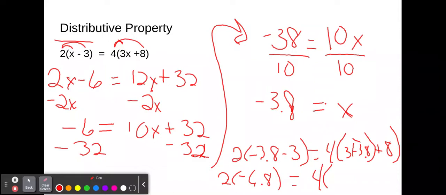So the 3, that's times, I got a little sloppy in there. That's 3 times the negative 3.8. So that's going to be a negative 11.8 plus the 8.